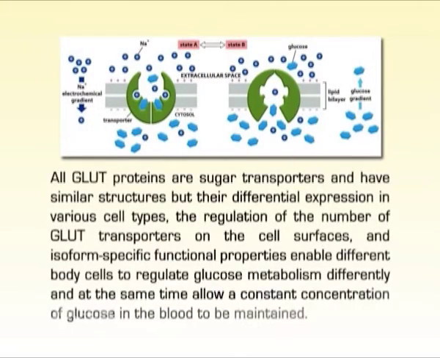The human genome encodes at least 14 highly homologous GLUT proteins, and we call them GLUT1, GLUT2 and so on till GLUT14. All GLUT proteins are sugar transporters and have similar structures, but their differential expression in various cell types, the regulation of the number of GLUT transporters on the cell surfaces, and isoform-specific functional properties enable different body cells to regulate glucose metabolism differently and at the same time allow a constant concentration of glucose in the blood to be maintained.